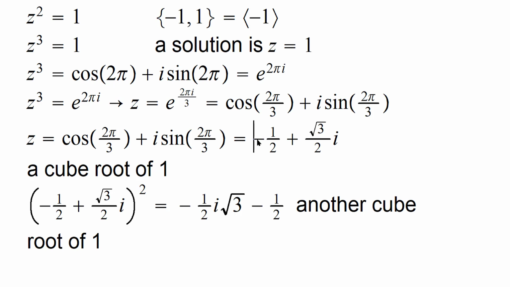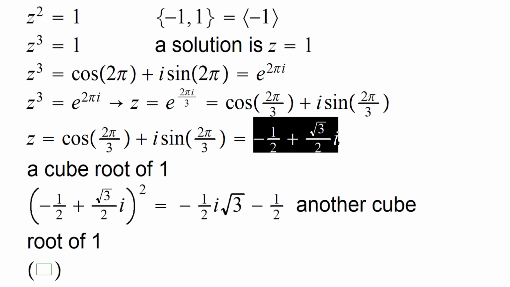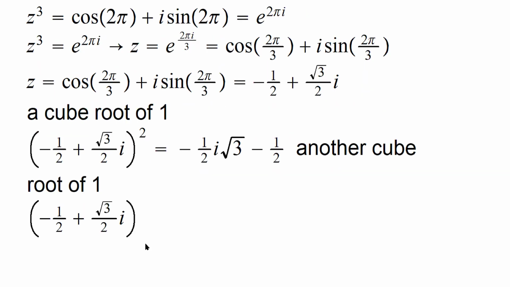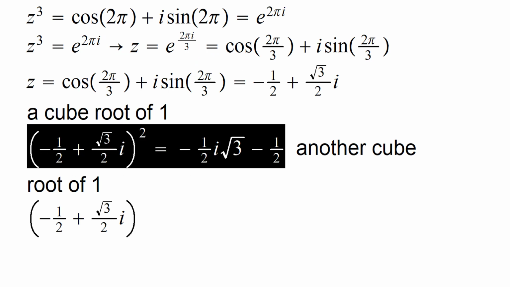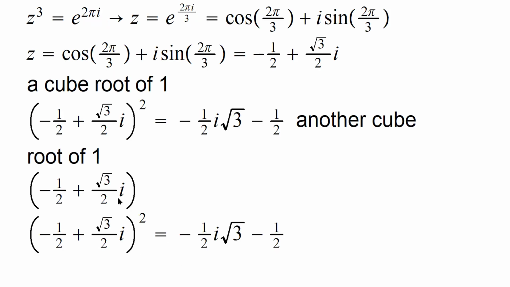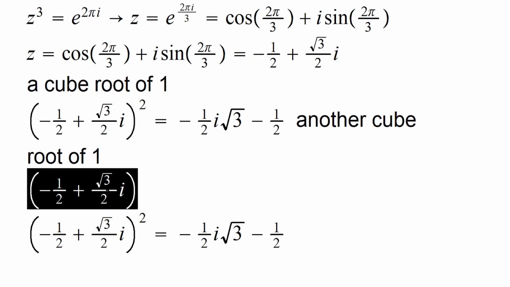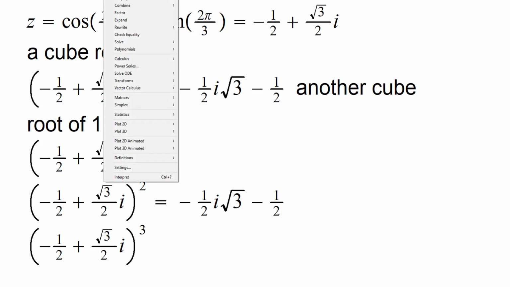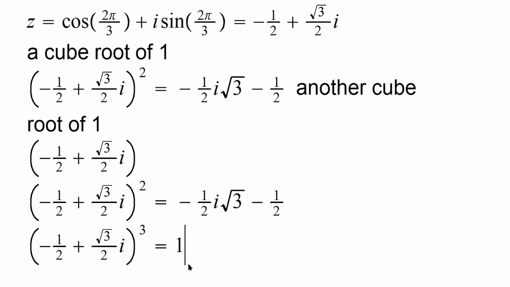And then what happens is this. One of them is this, right here, and then you have this squared. And if you go ahead and take the cube of this, this is going to become 1.